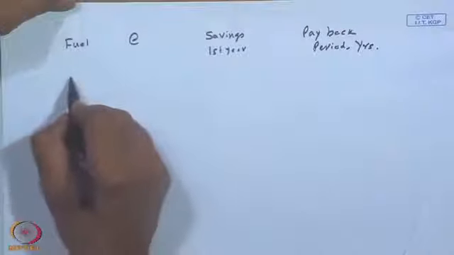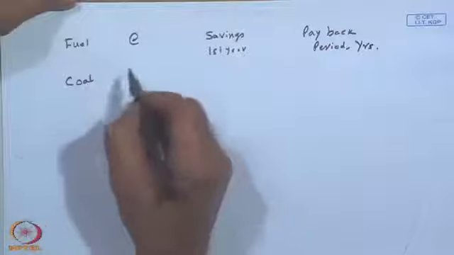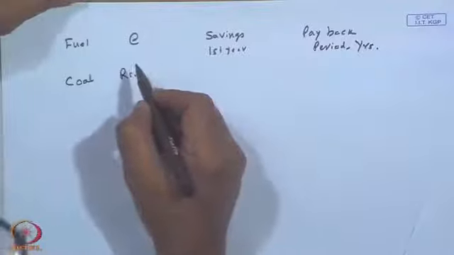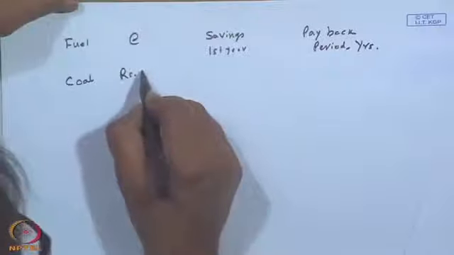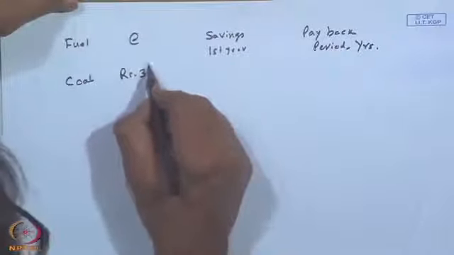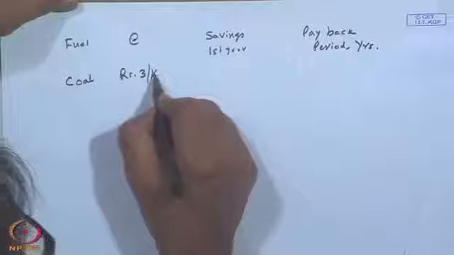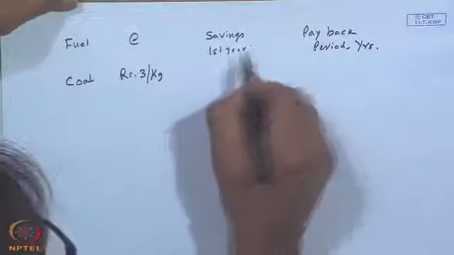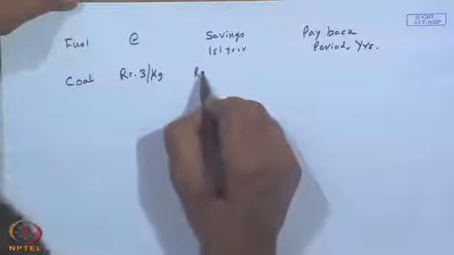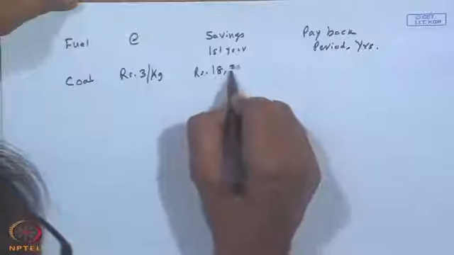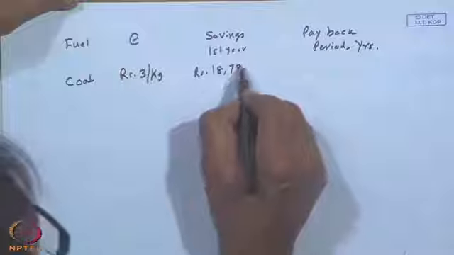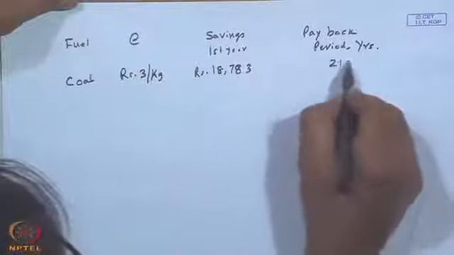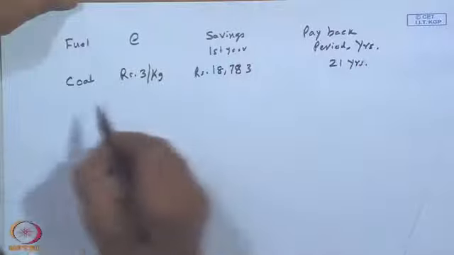The first one is coal. At Rs 1.70, 70 paisa is too low a value, so at Rs 3 per kg this comes to about Rs 18,783, leading to 21 years.